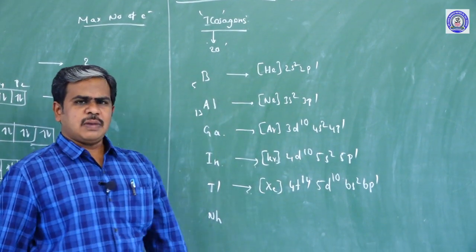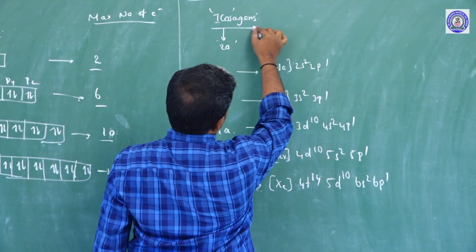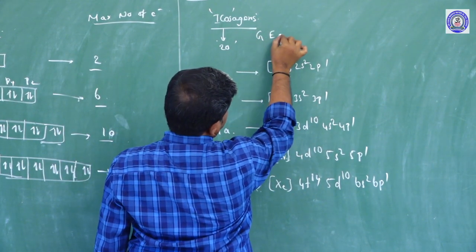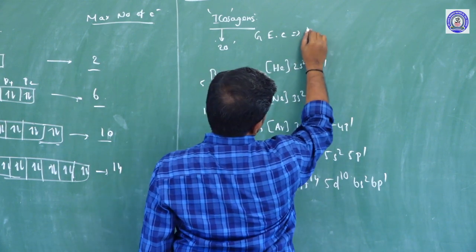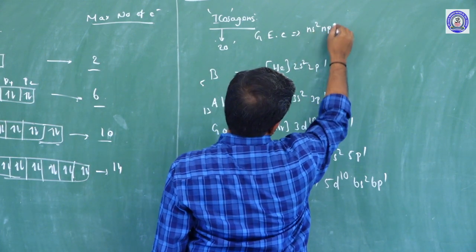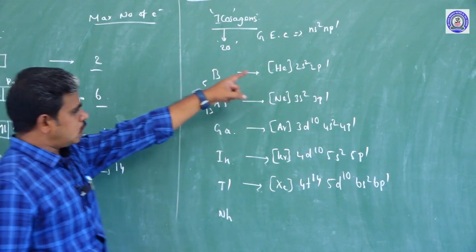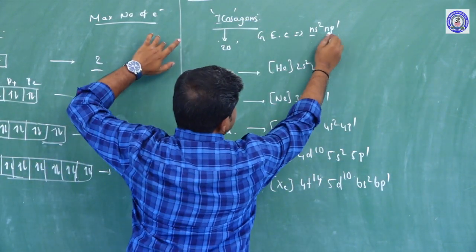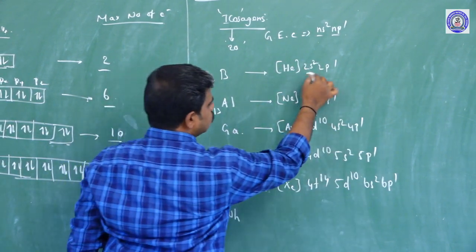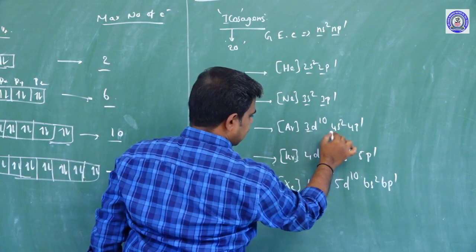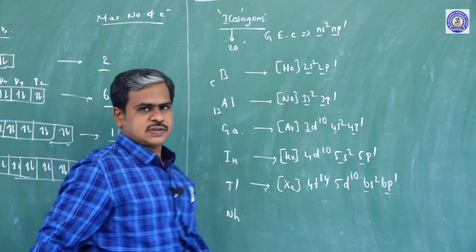This is the general electronic configuration: ns2 np1. Only the n number differs down the group: 2, 3, 4, 5, 6.